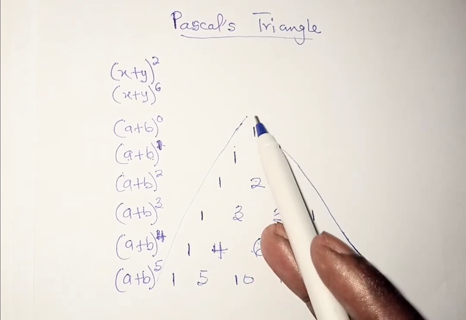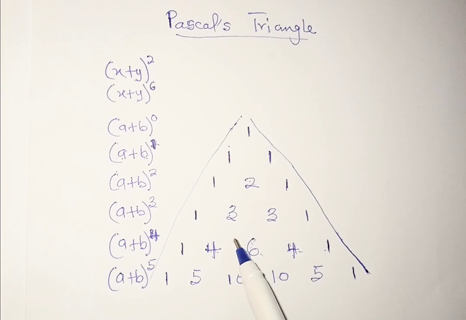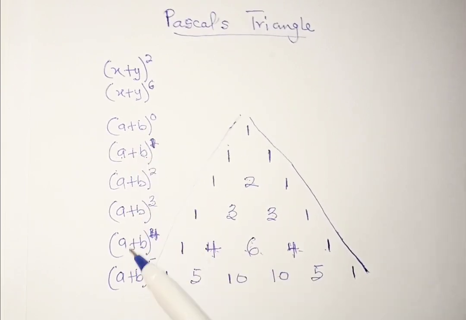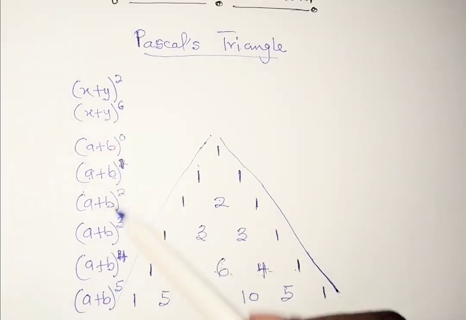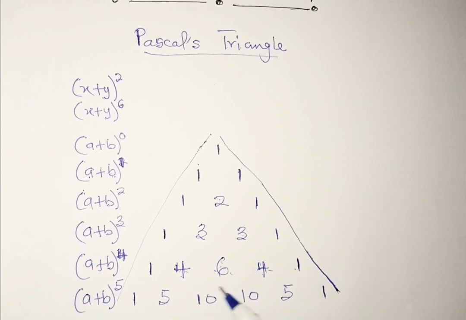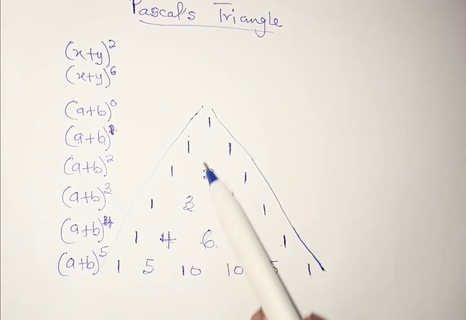So all these numbers you see here are the coefficients of these binomials when we expand them. Good. Now let's see how we can get the expansion from these coefficients.